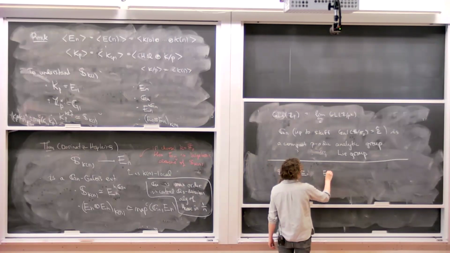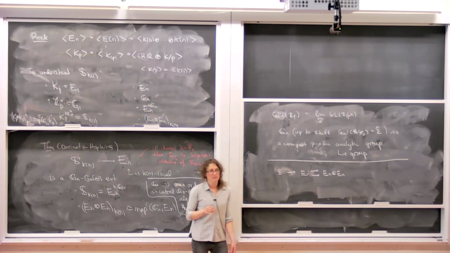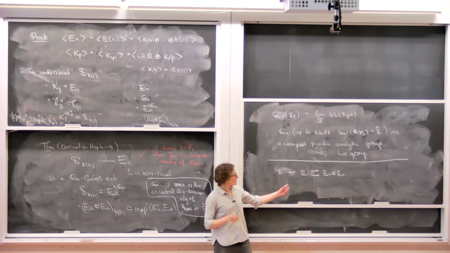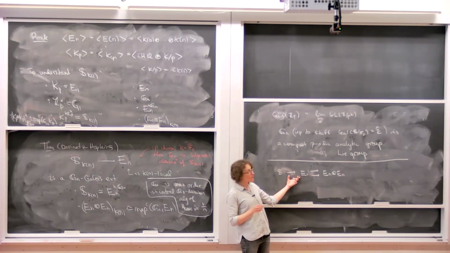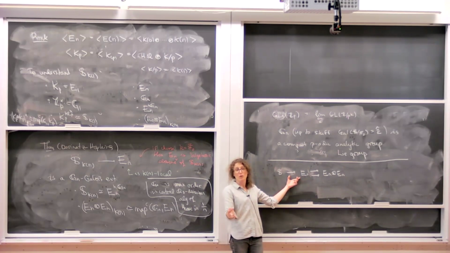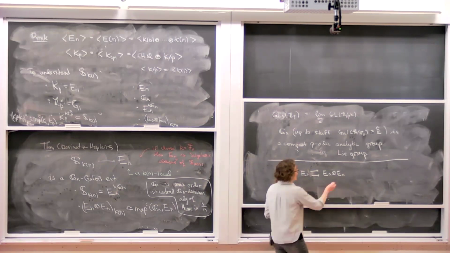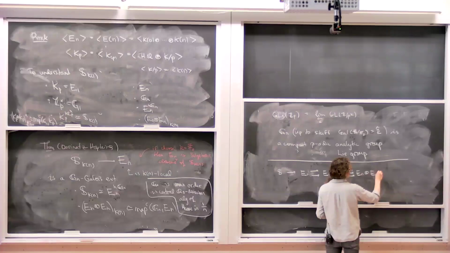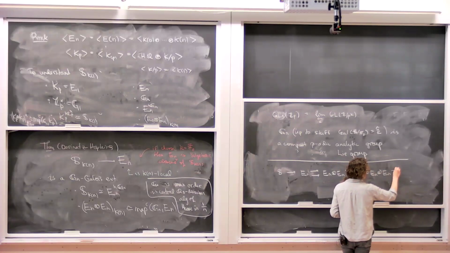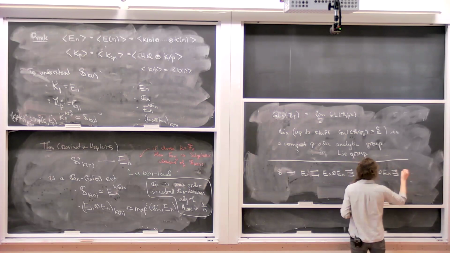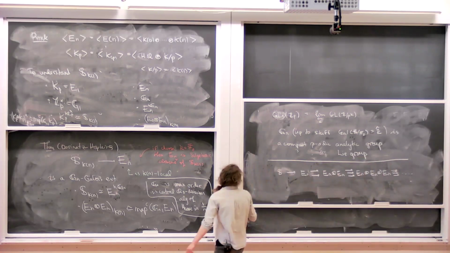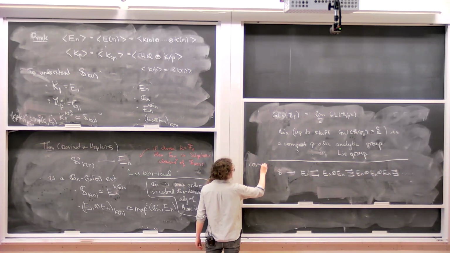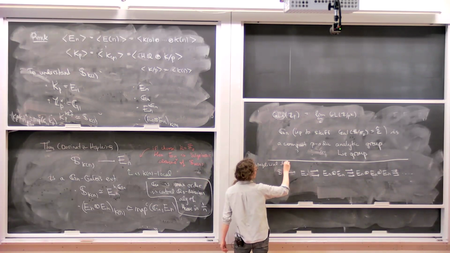But E_n is a ring, so I've got two ways to map it into here. I can either take the unit of E_n and then tensor it with E_n on the right, or tensor it on the left, which gives me two ways to map there, and those are typically different. Then I can keep going, and I get some cosimplicial diagram.